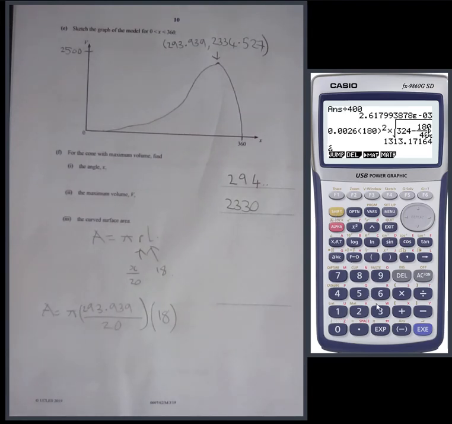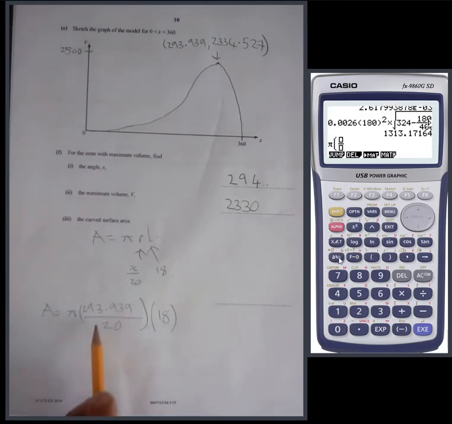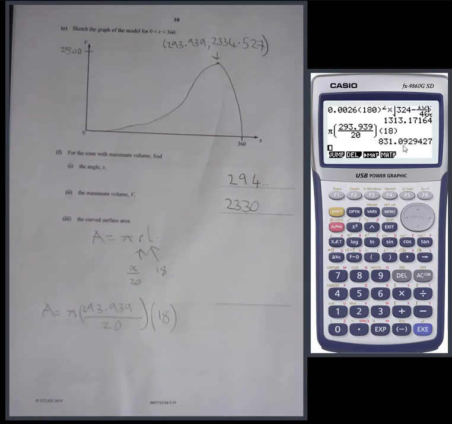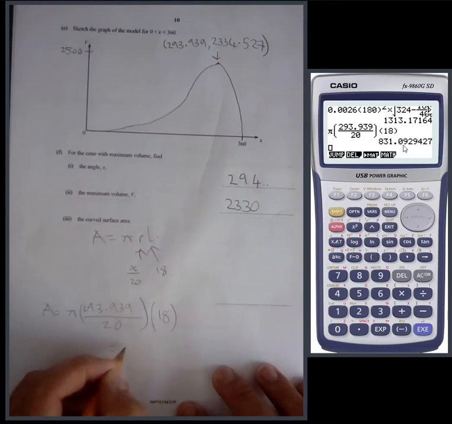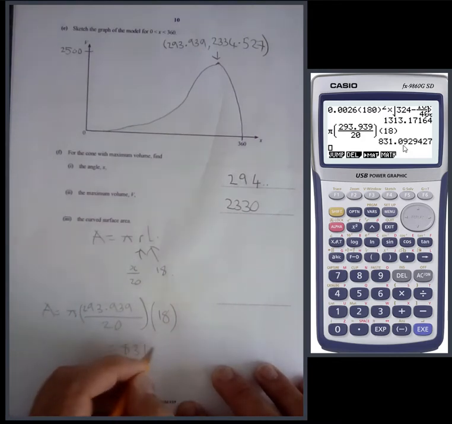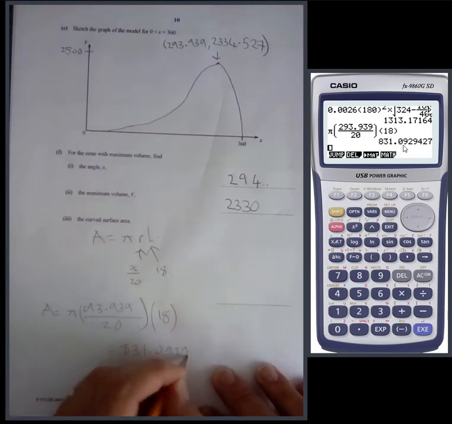Pi times 293.939 over 20 times 18. And that gives us an answer of 831.0929, and so on.